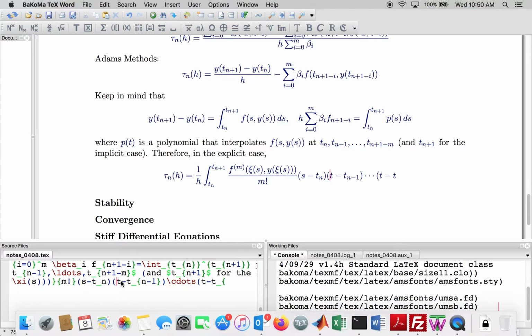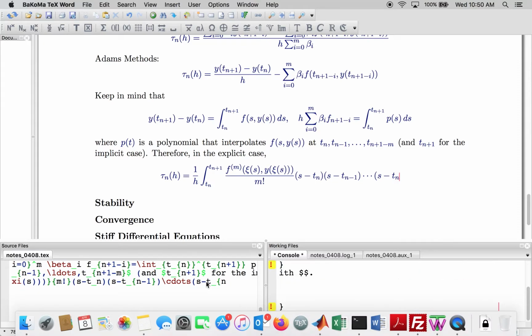I have t in the textbook throughout, so I just want to be consistent. N plus 1 minus m.